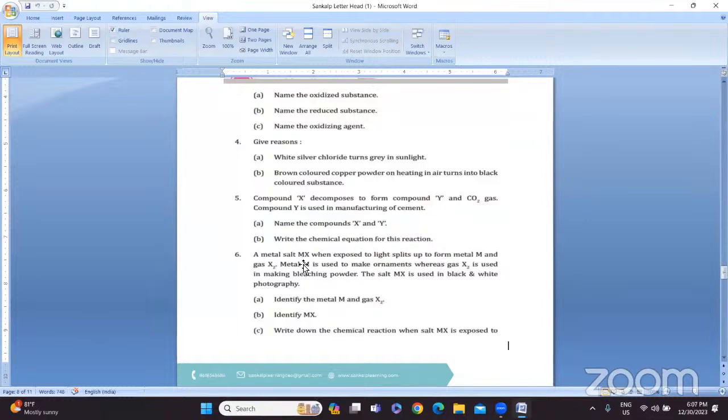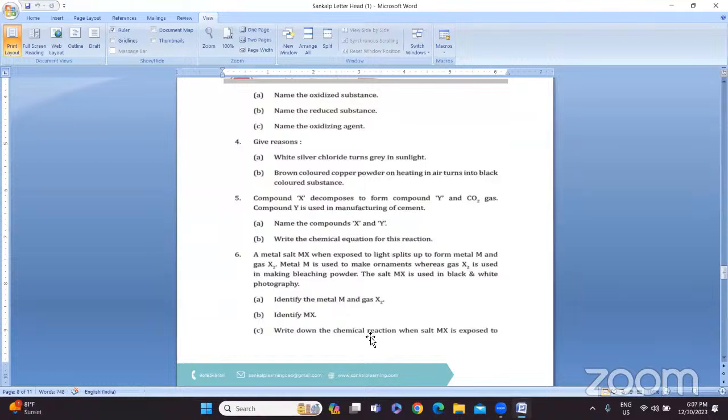A metal salt MX, when exposed to light, splits up to form metal M and gas X2. Metal M is used to make ornaments, whereas gas X2 is used in making bleaching powder. The salt MX is used in black and white photography. A. Identify the metal M and gas X2.